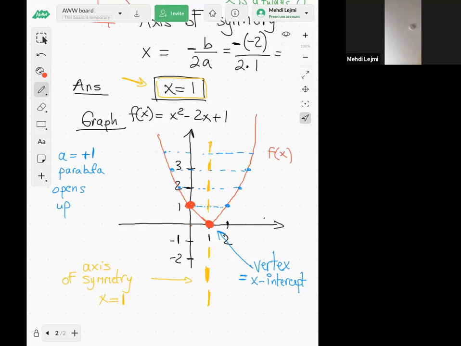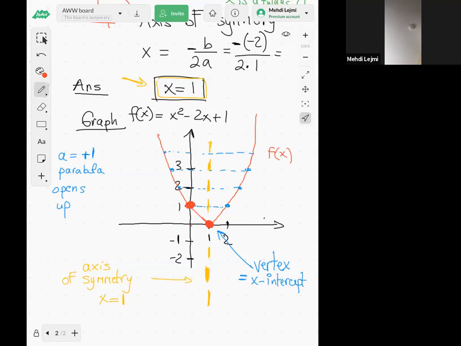Again, guys, all you have to do is plot the vertex, x-intercept, y-intercept, and check your a. If a is positive, it's going to open up. If it's negative, it's going to open down. Then connect your points, and you're going to get your parabola.